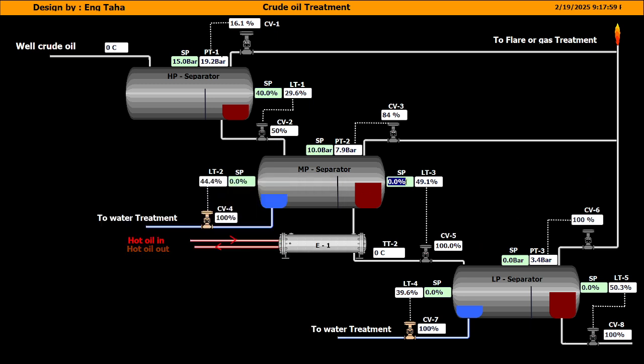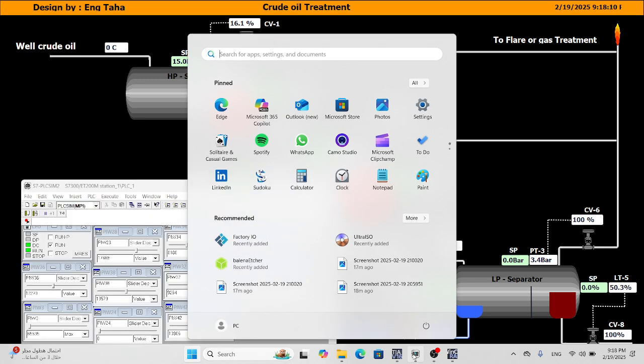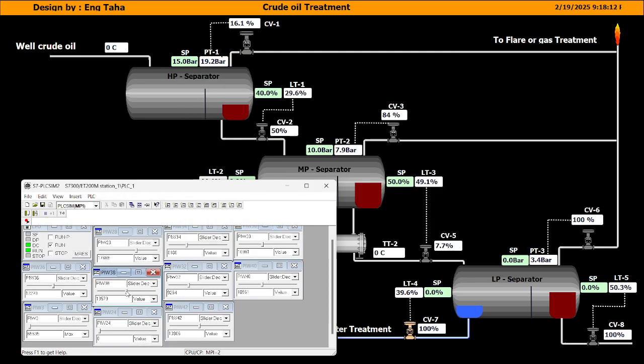And also this is level, for example, 50. The control valve will open when I increase this, and when I decrease it, the control valve will be closed, because this is a lower set point.